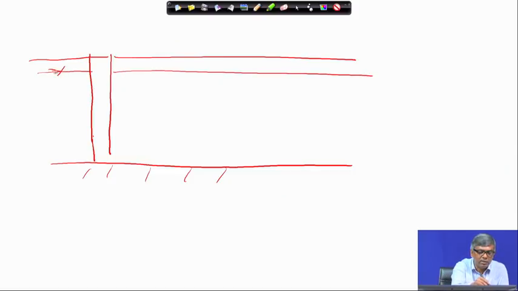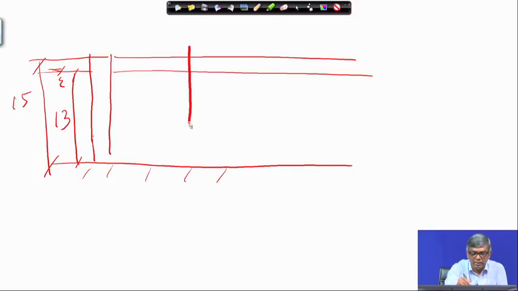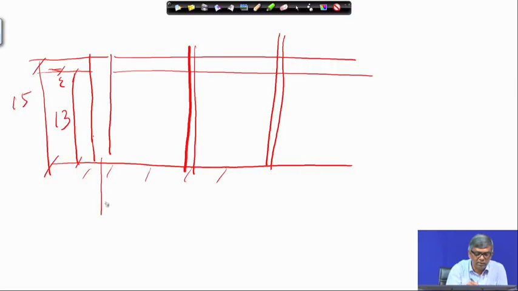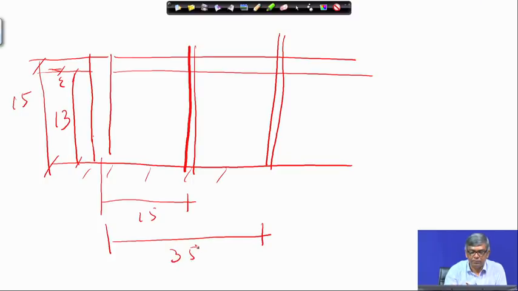Since total is 15, this depth will be 13. Now, observation wells are here, one, another one here. So, the distance of observation well one is 15 meter, another is 35 meter.